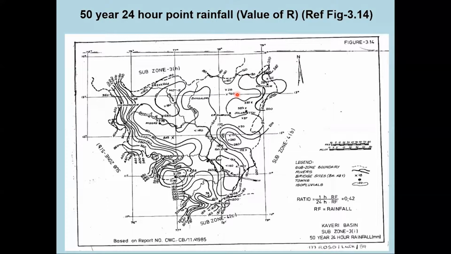If I want anything at this location, I have to interpolate between these two values, between 160 to 180. It means it will be more than 160, less than 180, and you have to calculate by symmetry. So these values you are able to see, na? Or should I enlarge it?